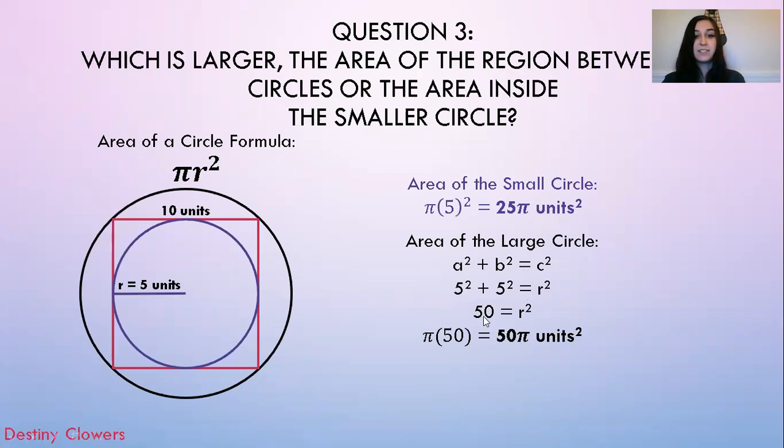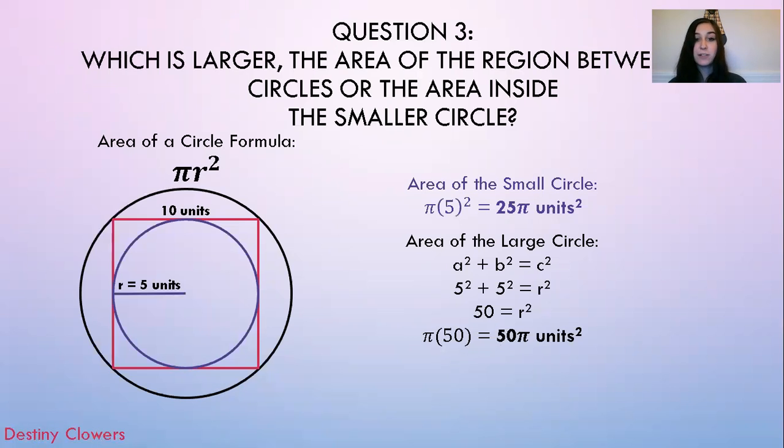And that gives us 50. So 50 is equal to r squared. Now we're going to just plug in the 50 in place of the r squared into our circle formula, and we're going to get pi times 50, which equals 50 pi units squared.